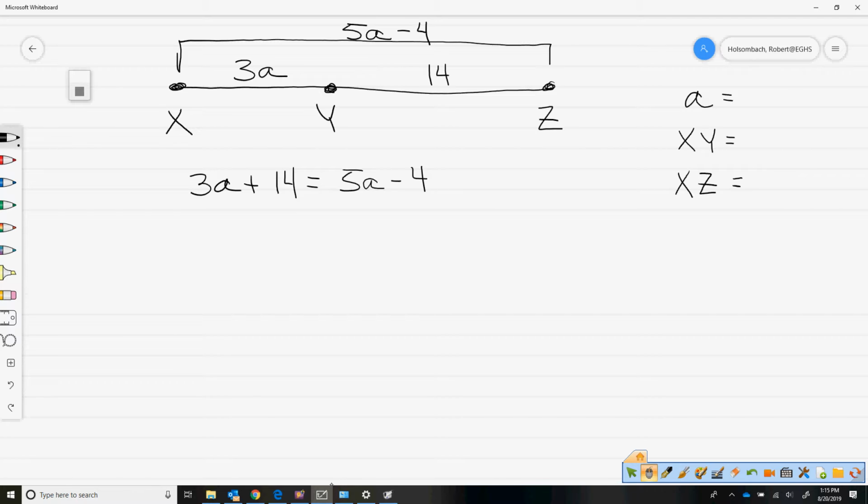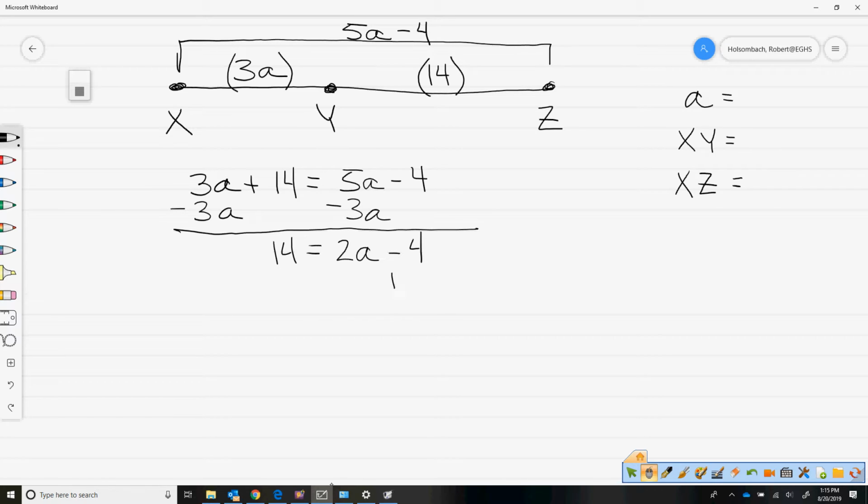So if your 3a plus your 14 has to equal 5a minus 4, you solve for a. So you can subtract 3a from each side. And 14 equals 2a minus 4.